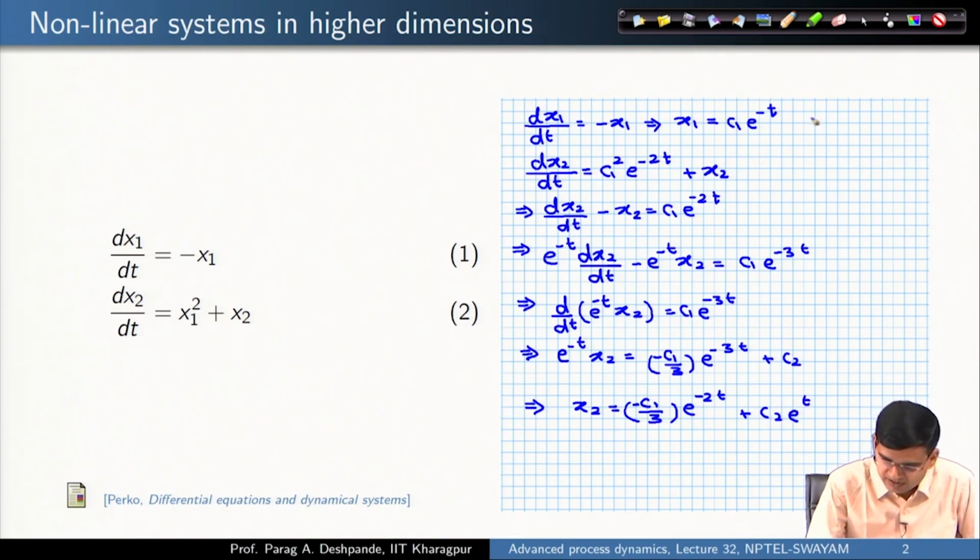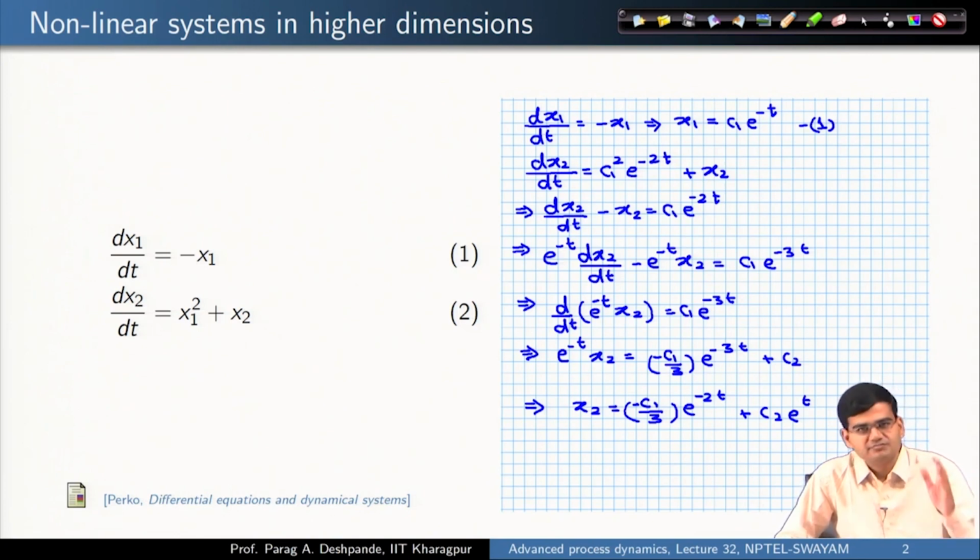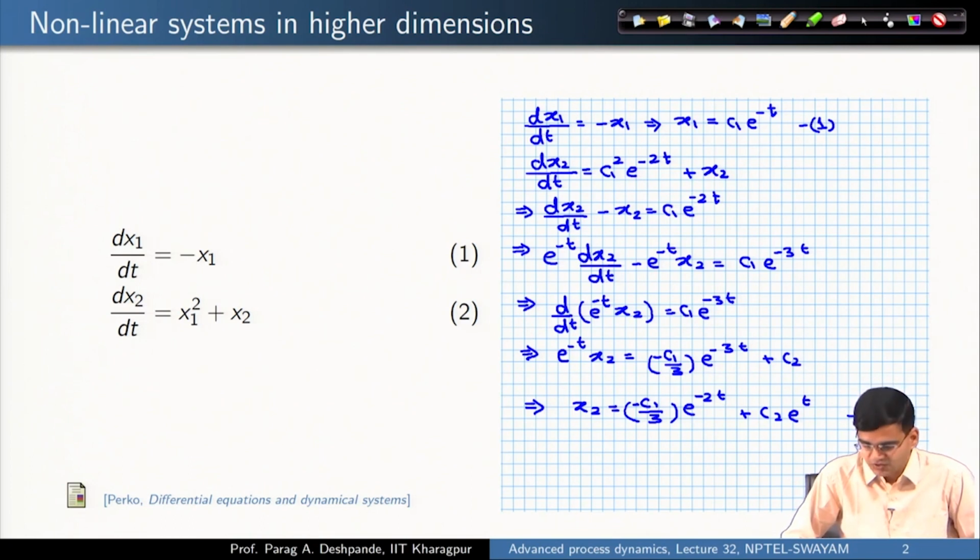So, I have equation 1 and I have equation 2. Fine. So, now for this particular example, it was possible to solve this equation easily, and we explicitly got the answers for x 1 and x 2.